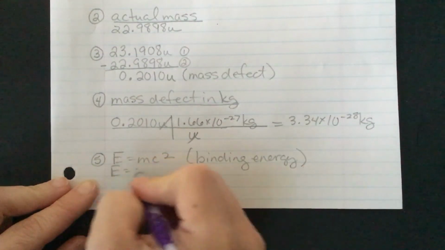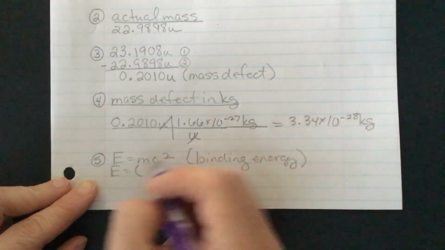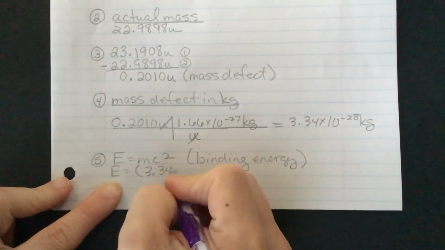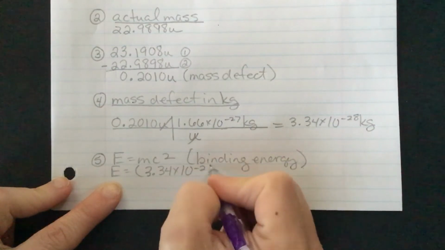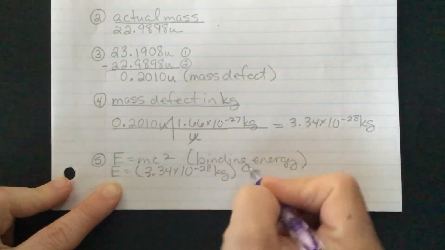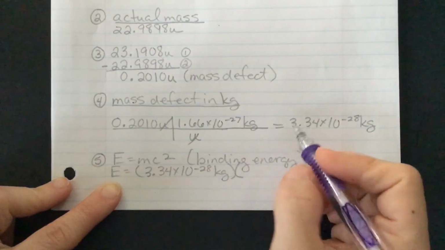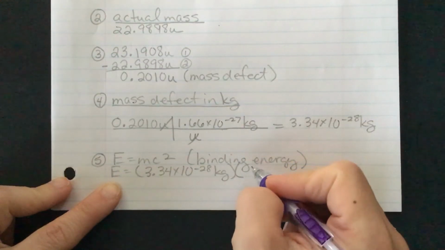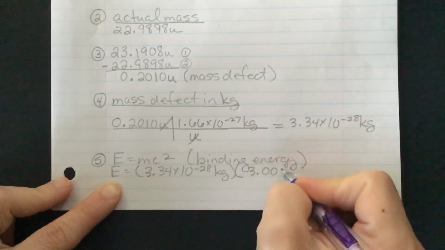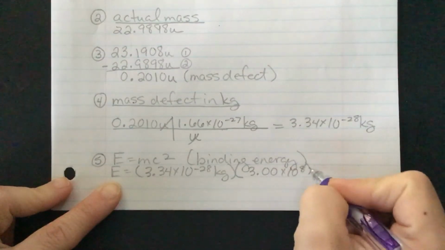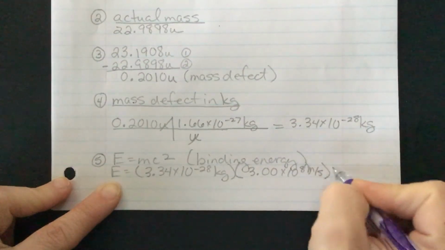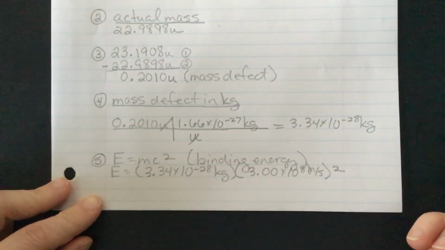So E equals our mass that we just found here, times the speed of light squared, and the speed of light is 3.0 times 10 to the 8th meters per second squared.